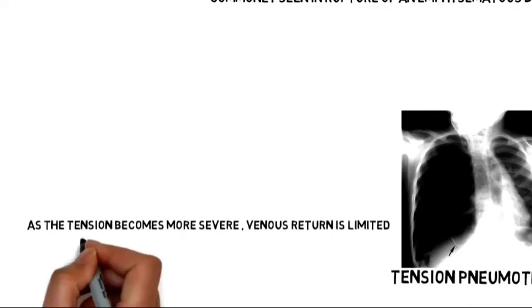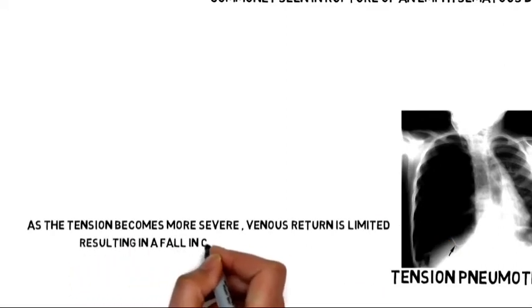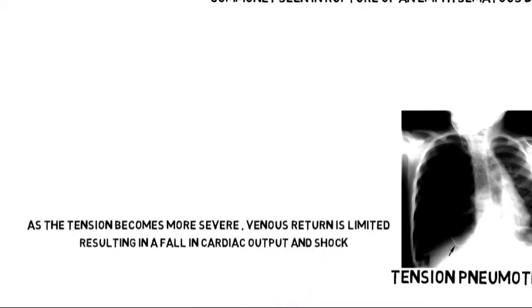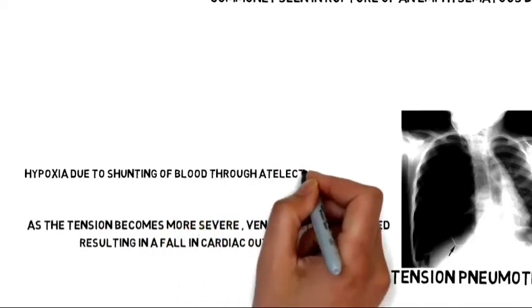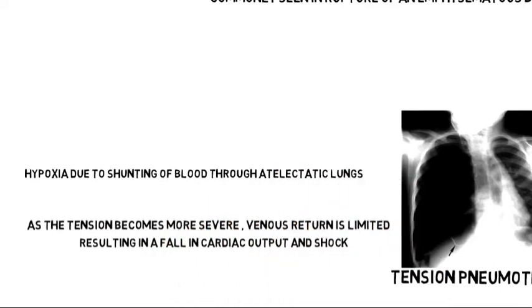As the tension becomes severe, venous return is also limited, resulting in a fall in cardiac output and eventually shock. Hypoxia occurs due to shunting of blood through the atelectatic lungs. So, the main features of tension pneumothorax are hypoxia and shock.